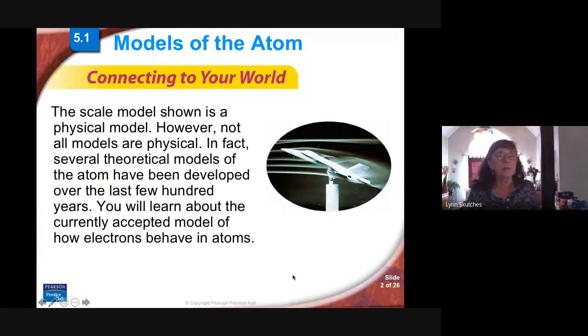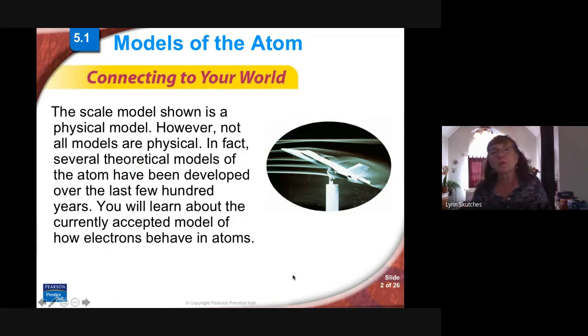All right, so models are important in science. They are used to help us understand things. And so there's 3 main kinds of models. First one is a physical model like this, a model of an airplane.